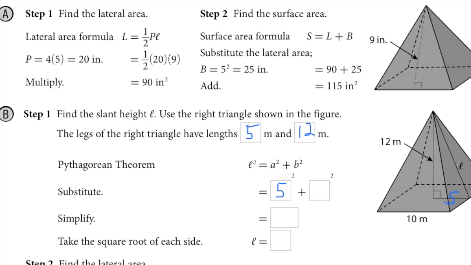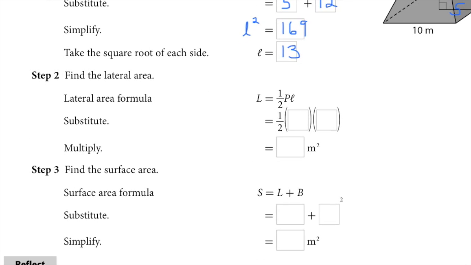Now, we know enough about our triples, I hope, by this point to realize that this is a 5, 12, 13 right triangle. So my slant height is 13.